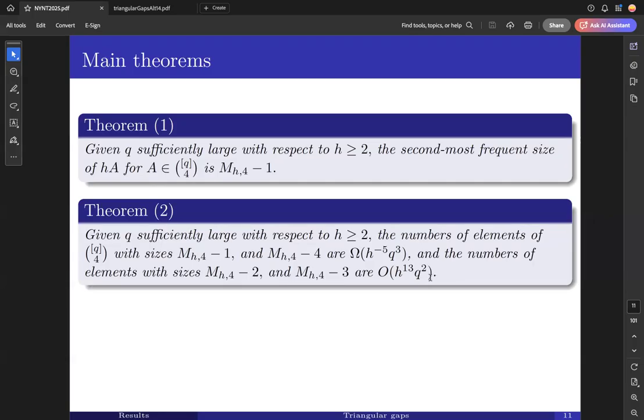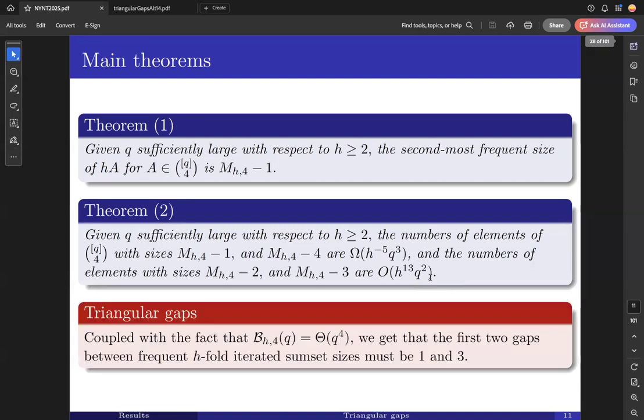And I've got a picture to illustrate this in just a moment, but putting these two together, along with the fact that the most common sumset size is the maximum, and that happens at roughly Q to the 4th times, this is going to give me that the first two gaps between H-fold iterated sumsets have to be 1 and then 3.